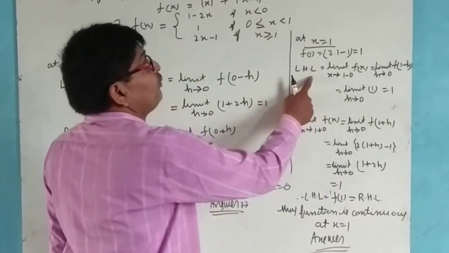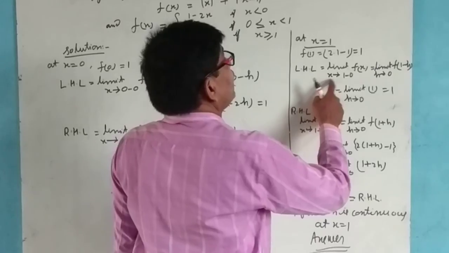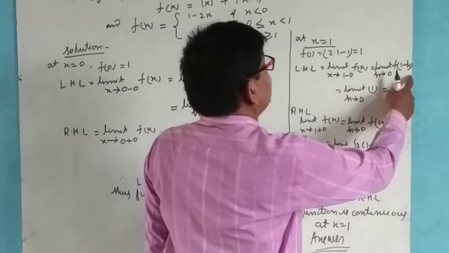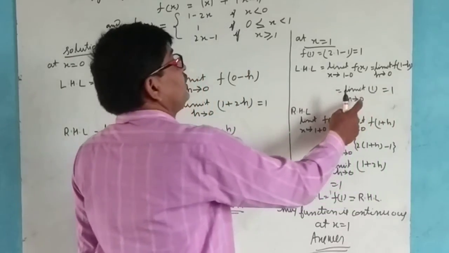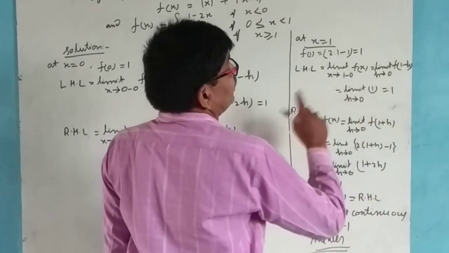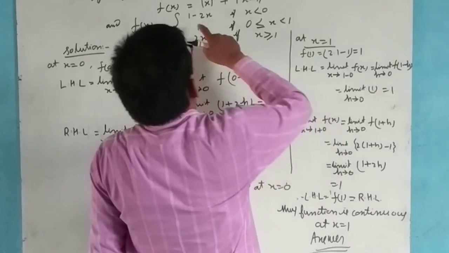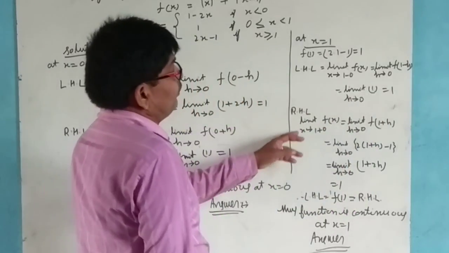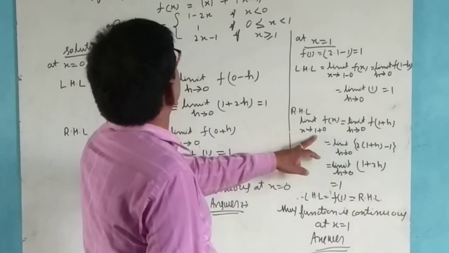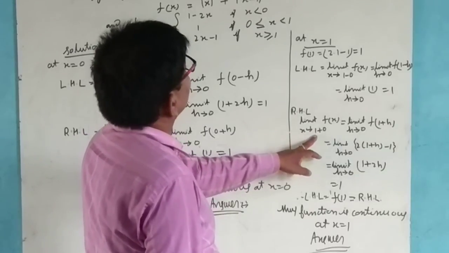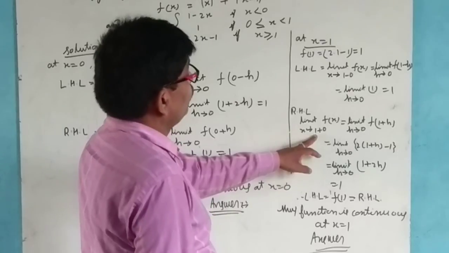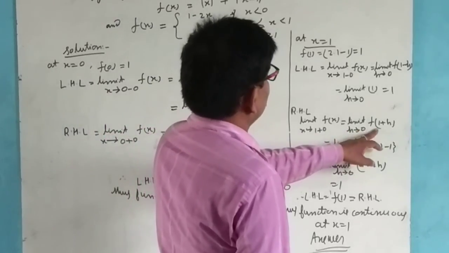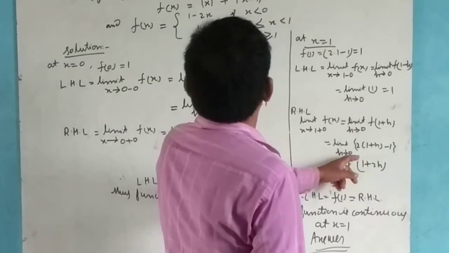The left hand limit, x tends to 1 minus, is f(1 - h), where the function is 1, so the limit as h tends to 0 is equal to 1. For the right hand limit, x tends to 1 plus, we take f(1 + h).